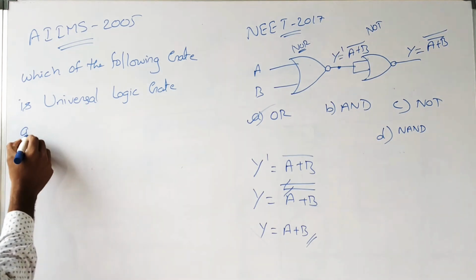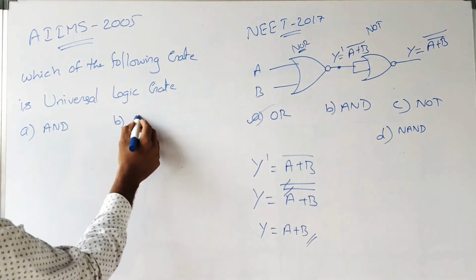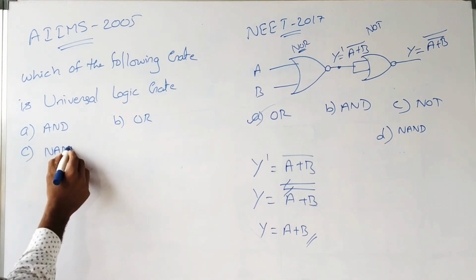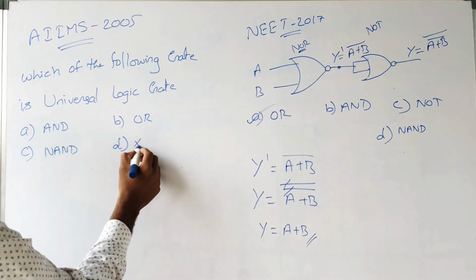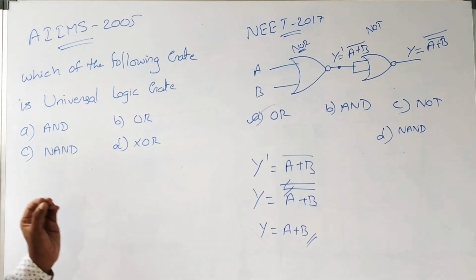The options are A, AND gate; B, OR gate; C, NAND gate; D, XOR gate. Now tell me, universal logic gate means what? By using a single gate, we can construct any other gate.